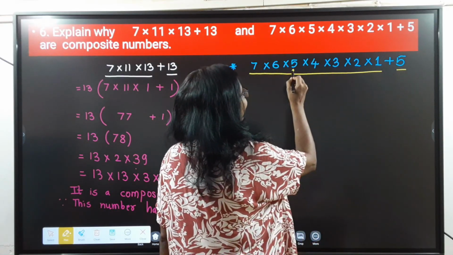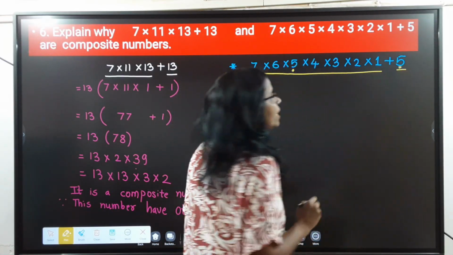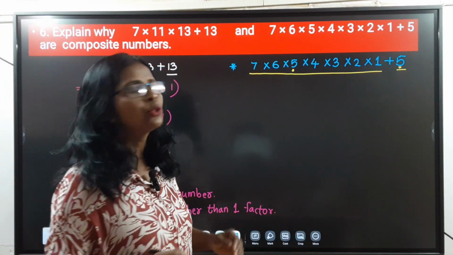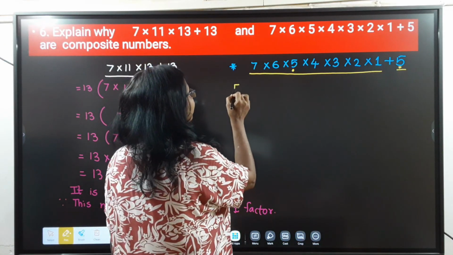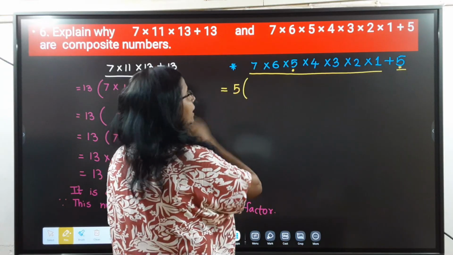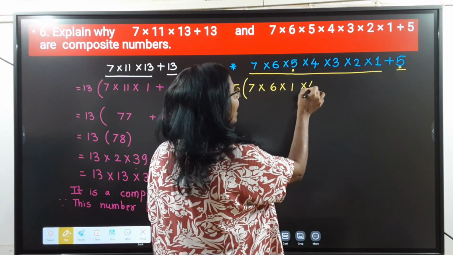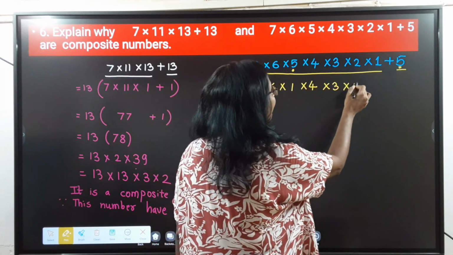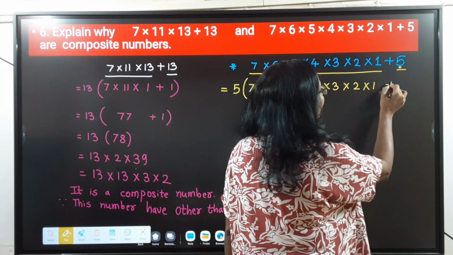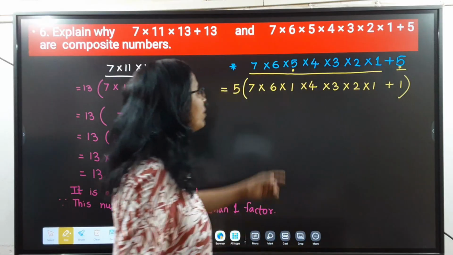Here is a 5 and here is a 5, so from both terms we take out 5 as common: 5 into the bracket 7 multiplied by 6 multiplied by 1 multiplied by 4 multiplied by 3 multiplied by 2 multiplied by 1, plus 1. This is how we arrange the number.